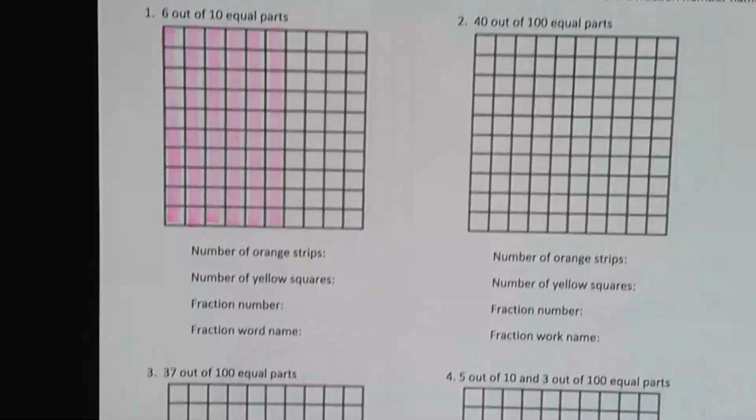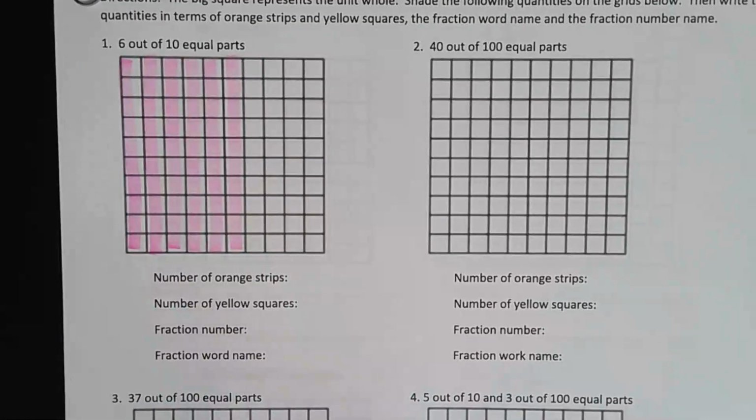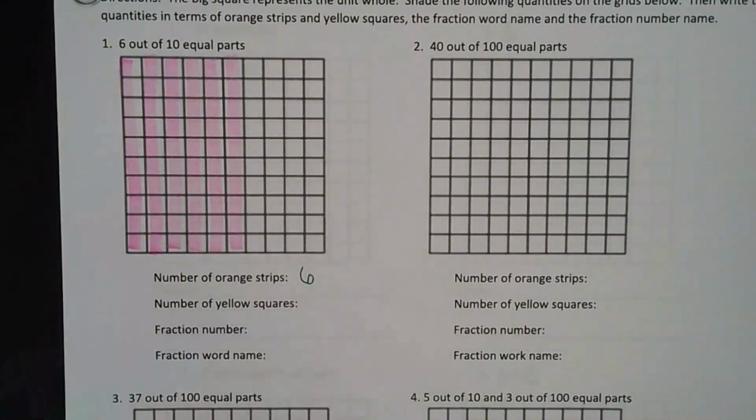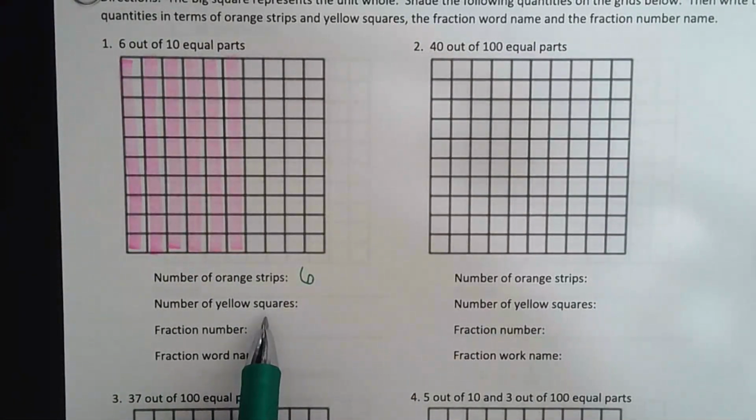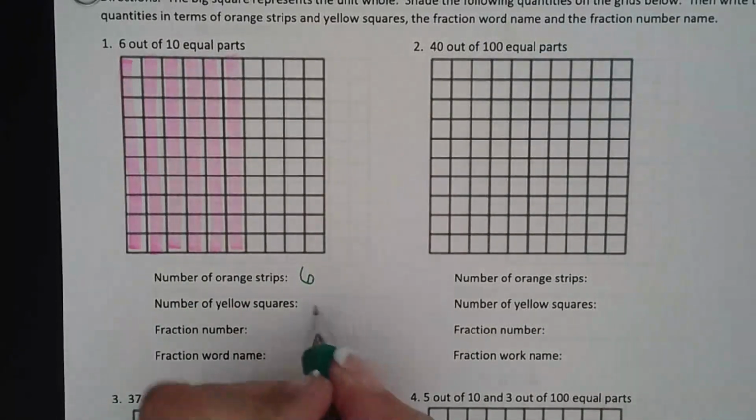So we have 6 out of 10 shaded. So how many orange strips is that? That is 6. How many squares is that? 10, 20, 30, 40, 50, 60.